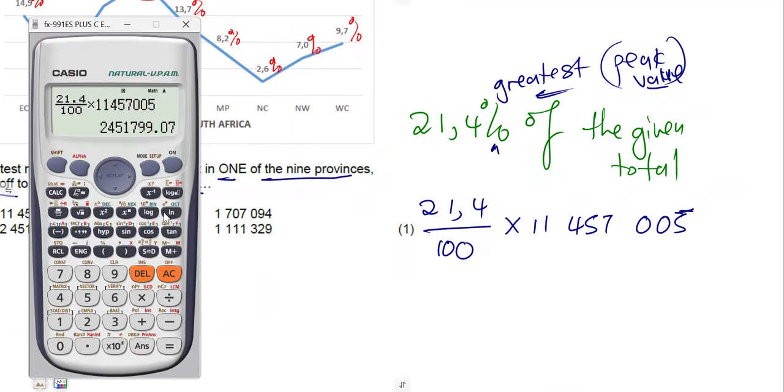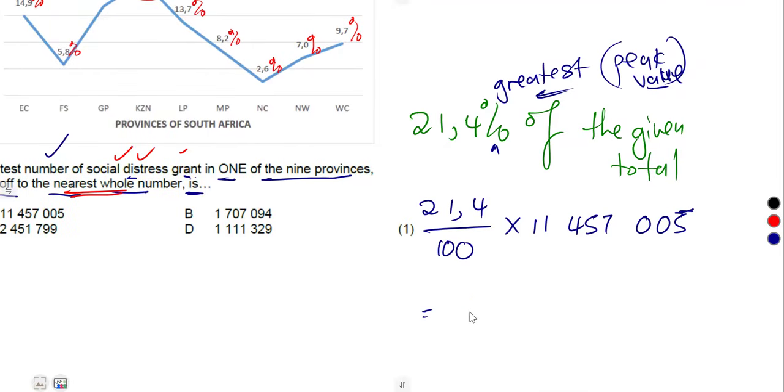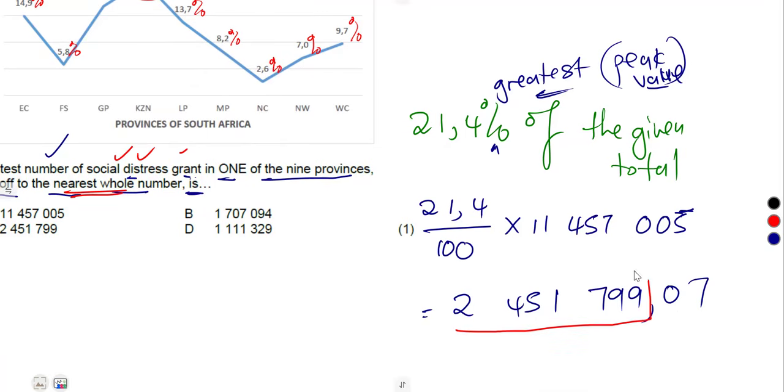This is what we're going to get, and we round that off to the nearest whole number. This is the whole number that we have.